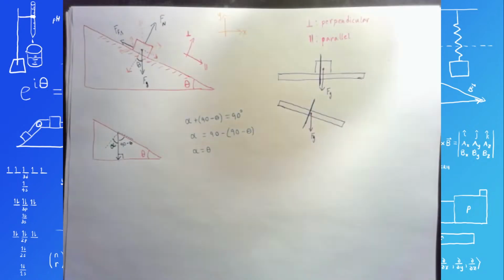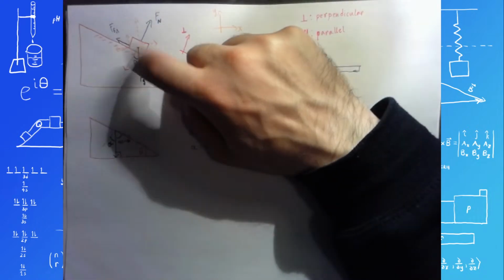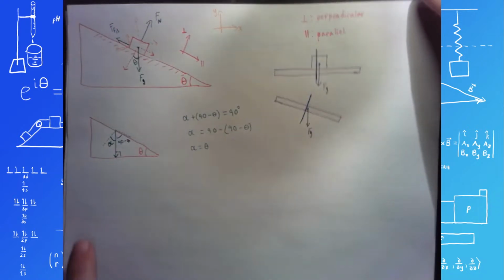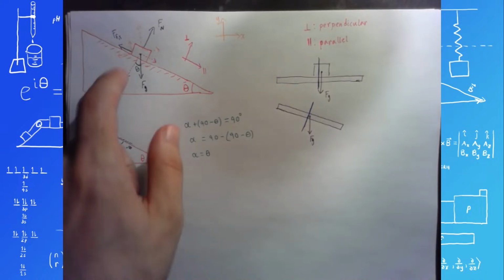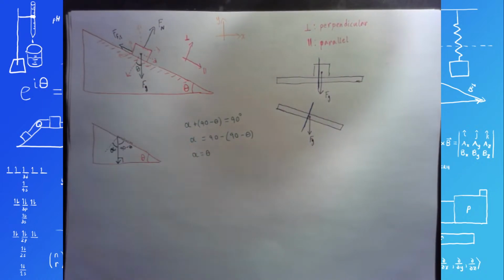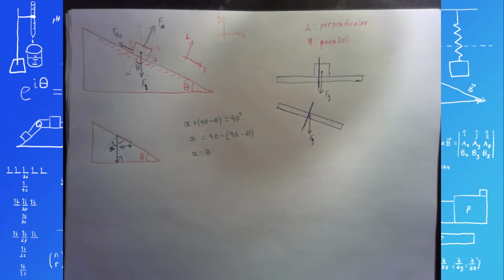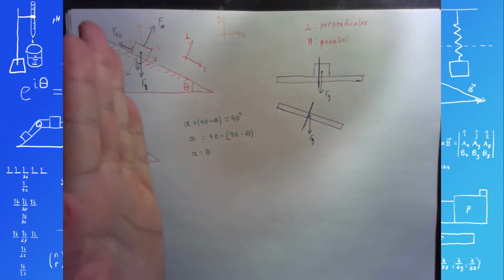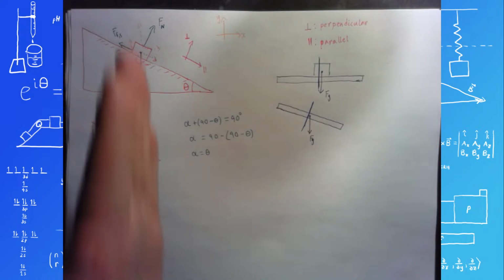So that's another, more intuitive way to convince yourself that this is true, that the angle between the direction of the perpendicular component and the gravity is just the angle of the incline. The gravity direction is just a constant, unchanging reference.